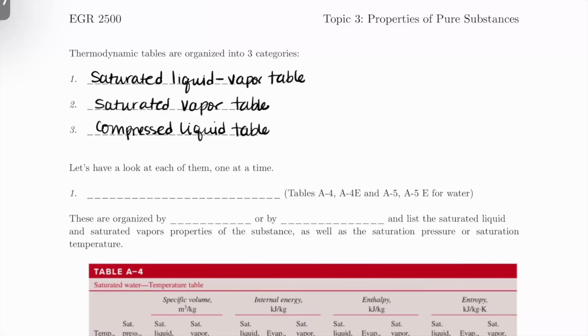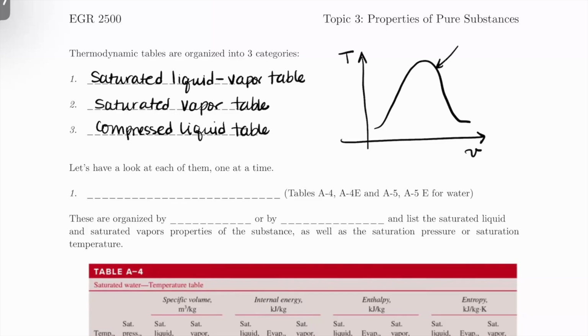All right, so essentially, if you recall our Tv diagram, this is our saturation line. We're essentially separating the tables out into the three different phases that exist in this plot here. Our saturated liquid-vapor table is going to tell us about anything inside of the vapor dome.